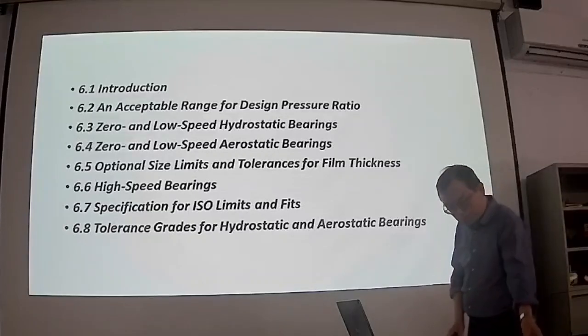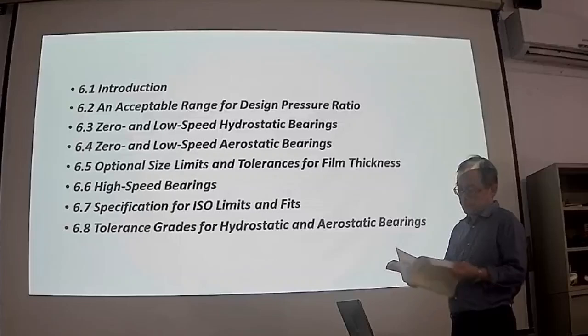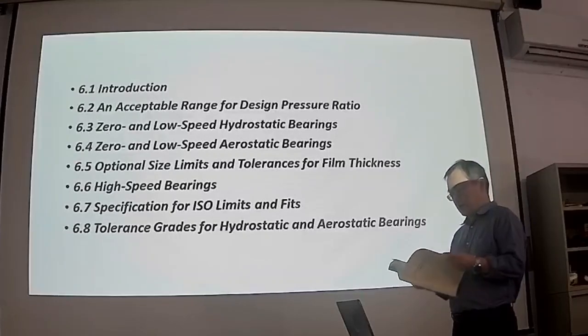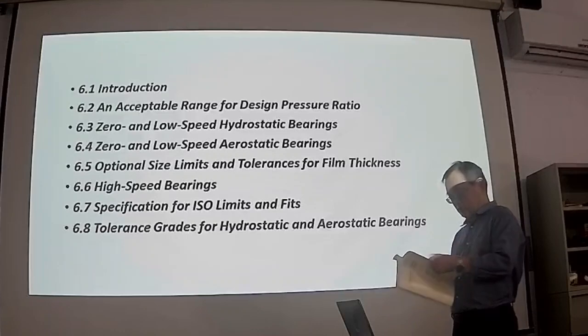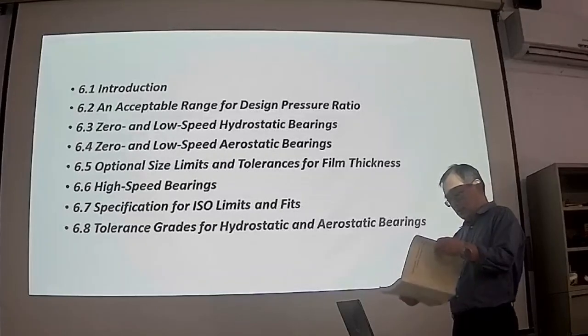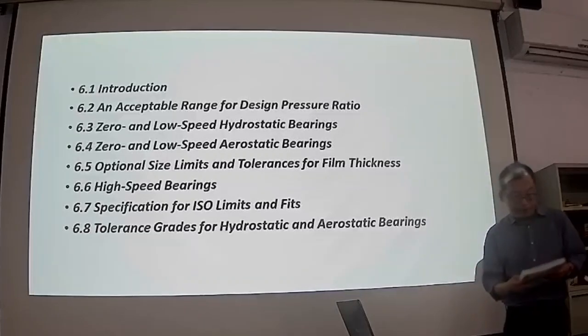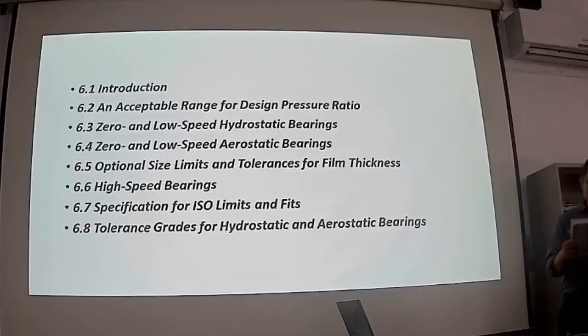For the textbook, you can use it as a reference, because starting from chapter 7 is the plain hydrostatic bearing, the atmospheric design. Chapter 8 is the partial journal bearing. Chapter 9 is the recessed hydrostatic journal bearing. Chapter 10 is the plain journal bearing. Chapter 11 is bearing.